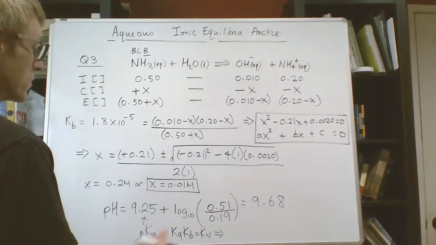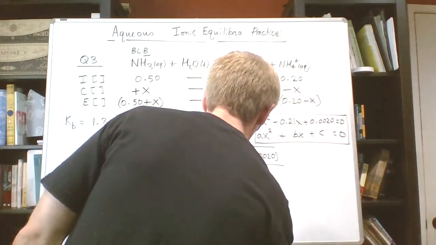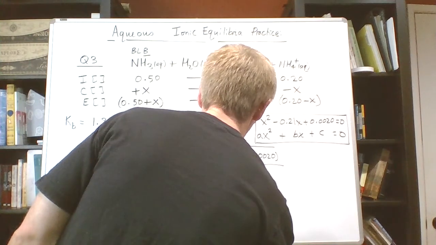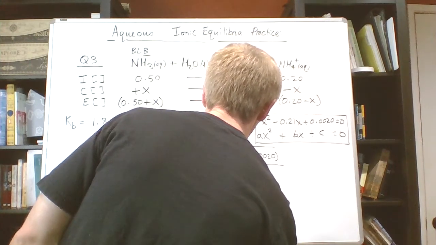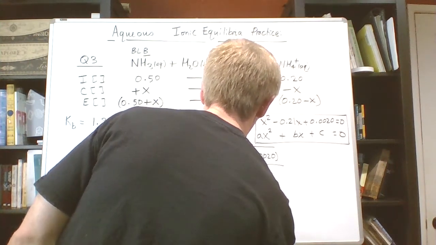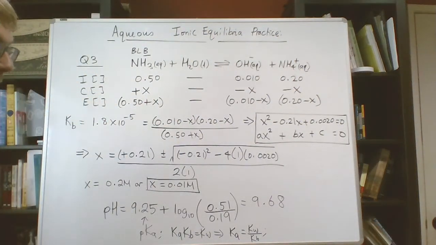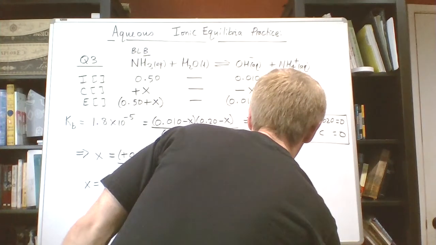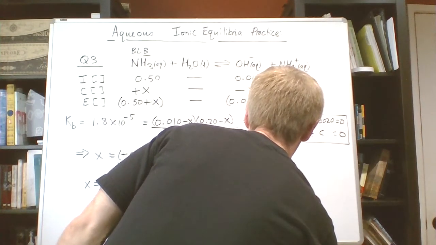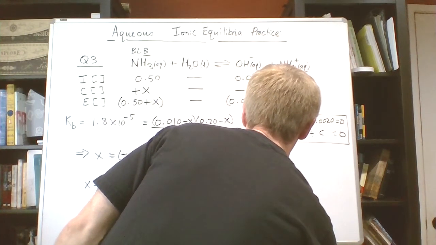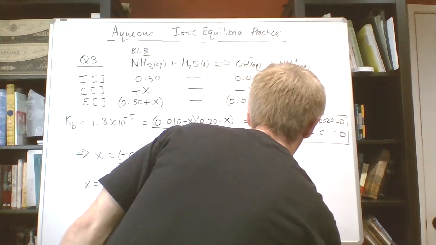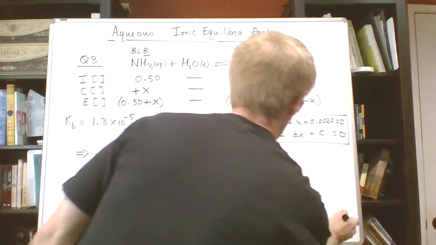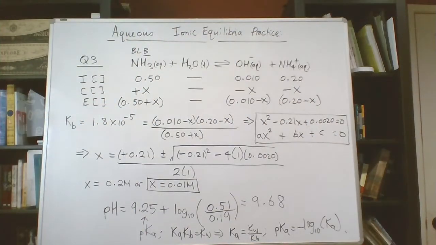So if I wanted the Ka initially, I would say that the Ka is the Kw over Kb. And then once I have the Ka, I would just say that the pKa is minus log base 10 of the Ka. So then I would solve for that.